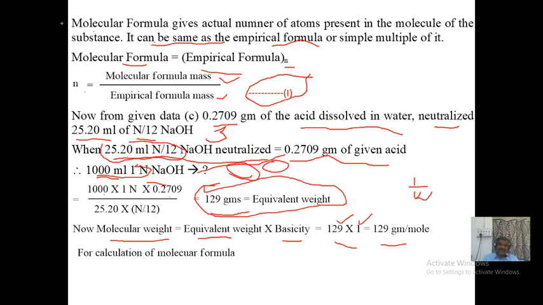How to calculate that? Simple. N is the molecular formula mass divided by the empirical formula mass. So let us see, the molecular formula mass and empirical formula mass are with us. Is it possible to calculate or find N? Yes, we'll go for it in the next step, friends.